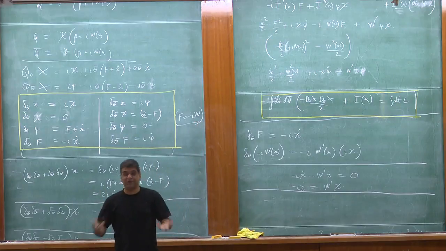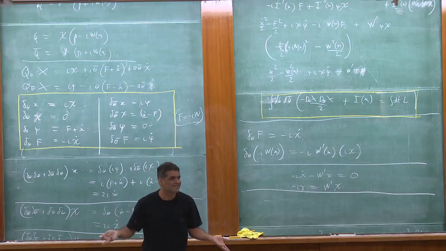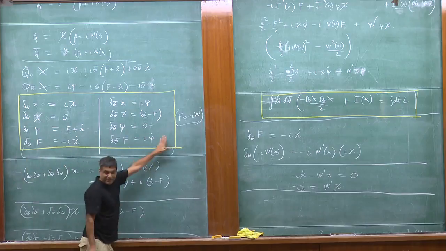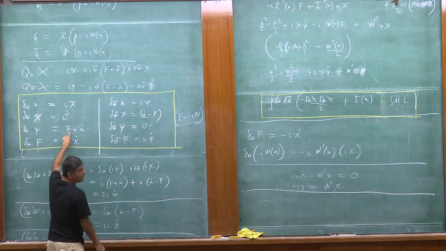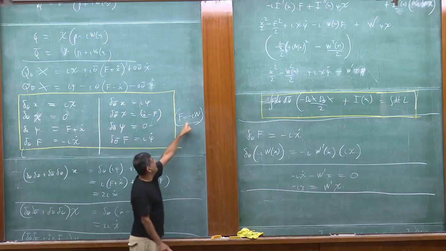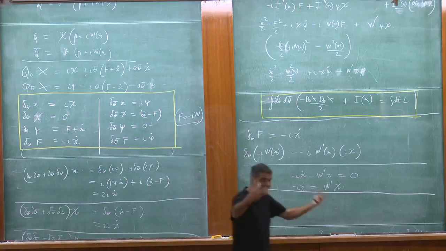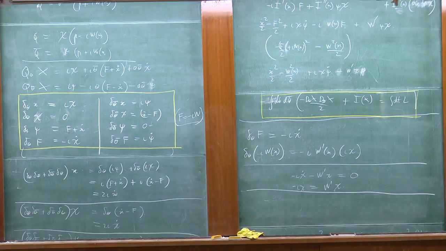Plugging that equal to that would not have been consistent. Now that we've done that, we can forget about this. Everywhere we have an F, we input a minus IW. And that is the correct symmetry transformation rule. The algebra will close using equations of motion in general.